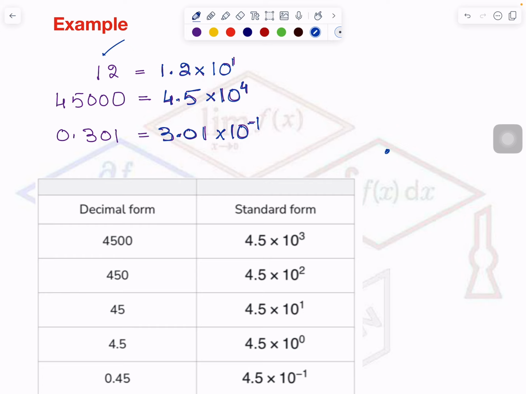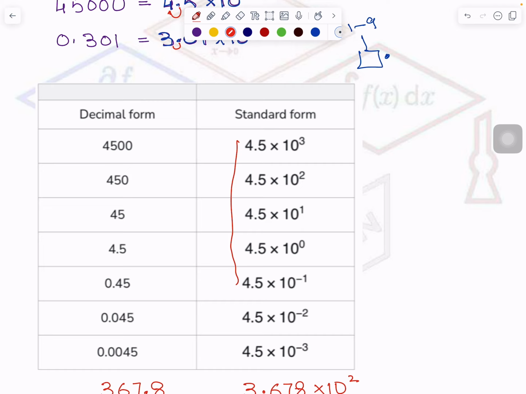That before the decimal, the digit you have should be between 1 and 9. If you see in all these 3 examples, before the decimal, there is only one digit: 1, here 4, here 3. And in all these examples, it is 4 point something, right?